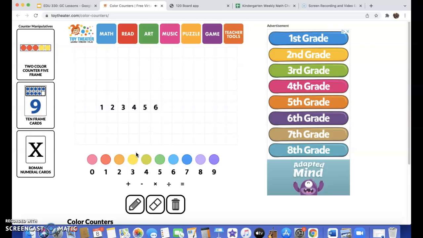All right, so let's go ahead and put out 6 counters to make this the same. So we have 1, 2, 3, 4, 5, and 6. All right, so yep, if your picture looks like this, then you got the problem correct.